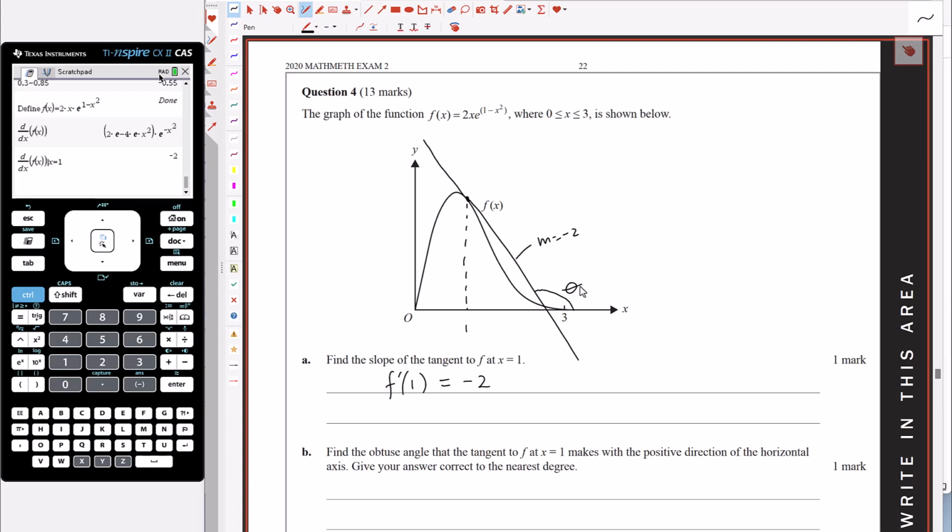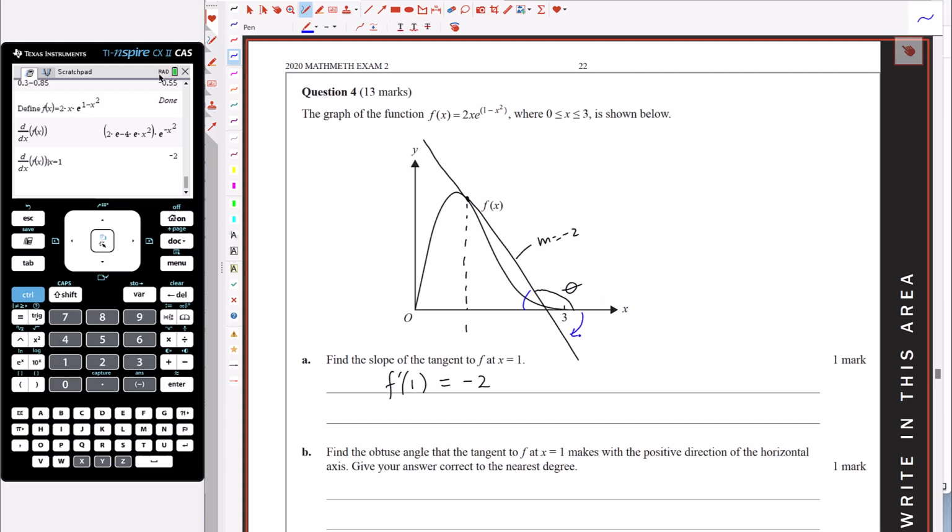So we know that tan of that angle is, now you always need to be a little bit careful about the negatives. You either do tan theta equals 2, but it's going to give you the acute angle. Or if you do tan theta equals negative 2, it will give you this negative angle going this way.